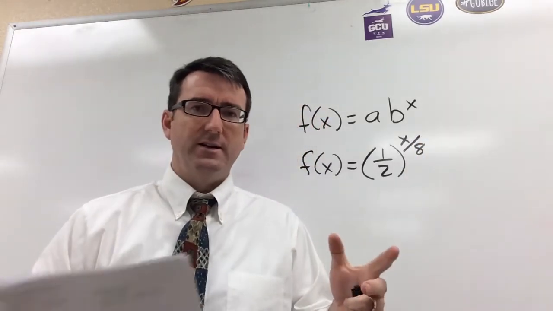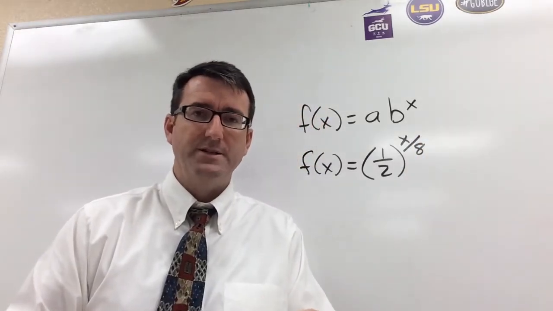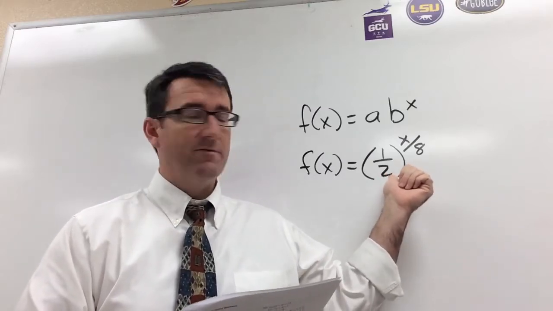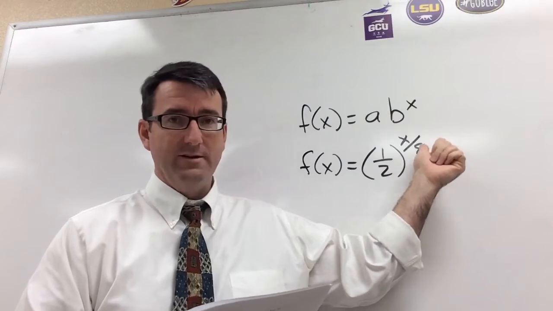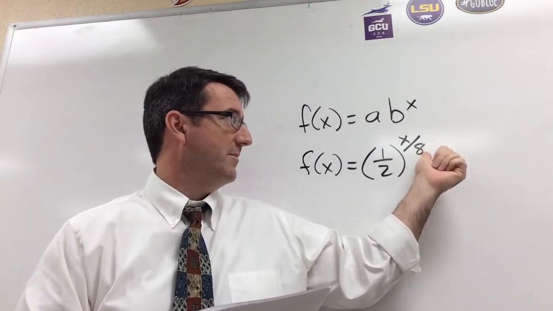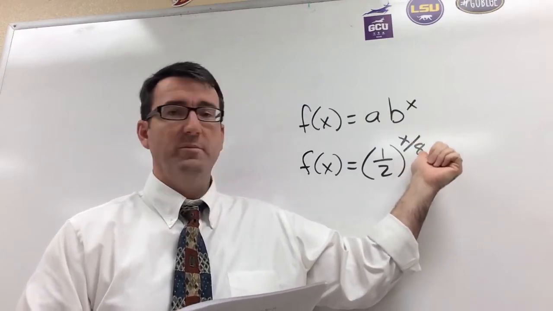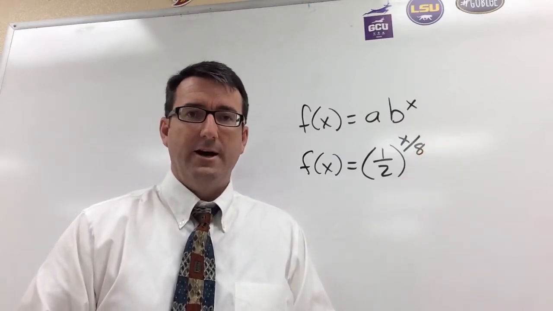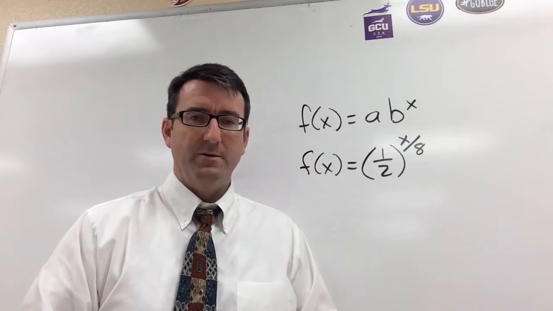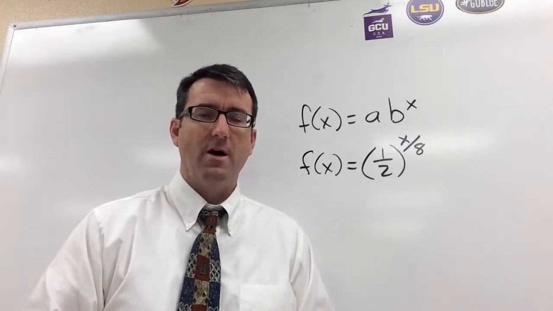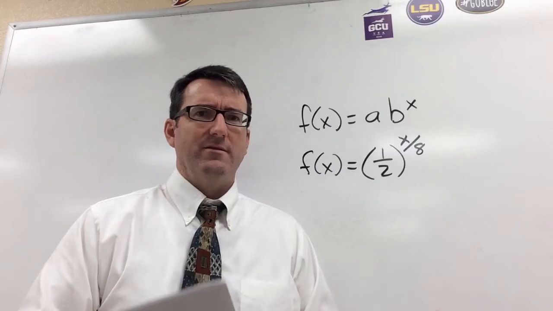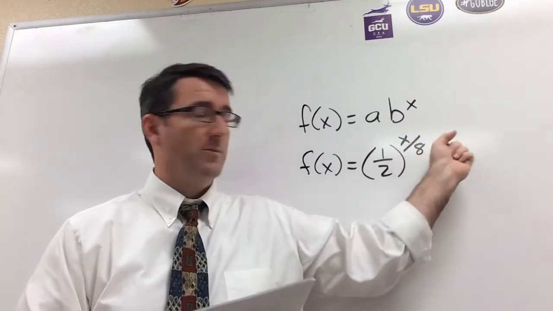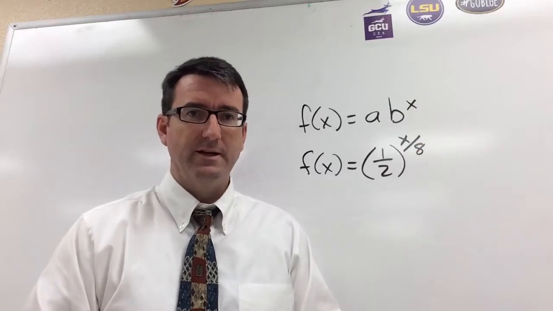So just kind of a tip for whenever you see something that's a half-life, this number is going to be 1/2, and this number here, the denominator in this fraction, is going to be the half-life. So here it's 8 days. If I were to give you the half-life of carbon-14, I think it's like 5,370 years or something like that, then that's what would go here, the 5,370.